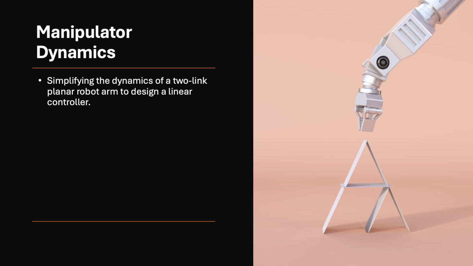Each joint, whether rotational or prismatic, contributes to the overall motion and must be precisely controlled to ensure accurate positioning and smooth operation. The dynamics are governed by the equations of motion, which account for the inertial properties of the links, the effects of gravity, and the forces and torques exerted by the actuators.